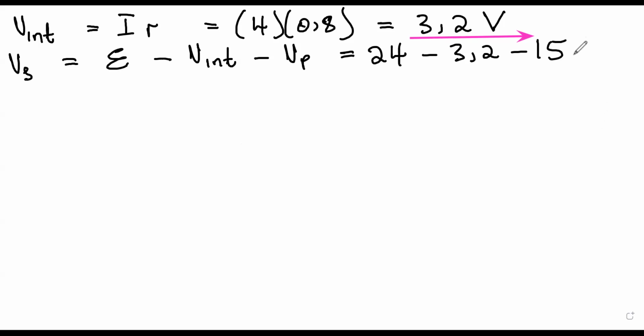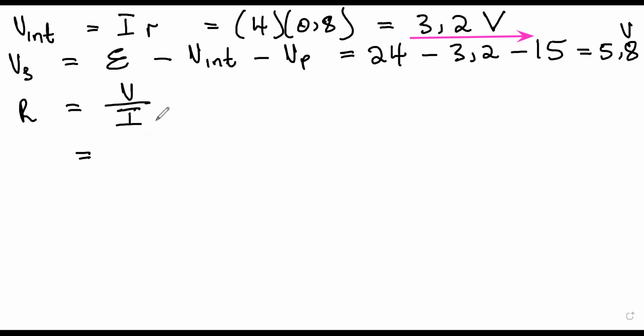And if you press this into your nice calculator, you find that the potential difference of the bulb, which is a resistor connected in series, will be 5.8 volts. So now we know the potential difference of the bulb. We also know the current that passes through the bulb. So we can now easily use Ohm's law and say R equals V over I.